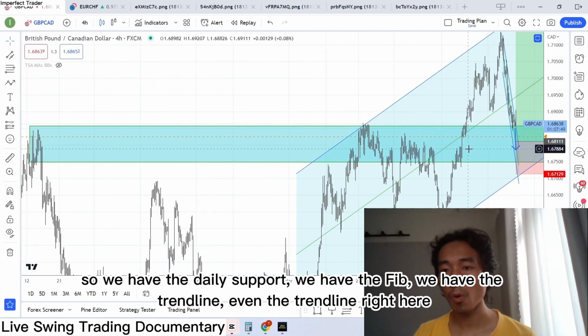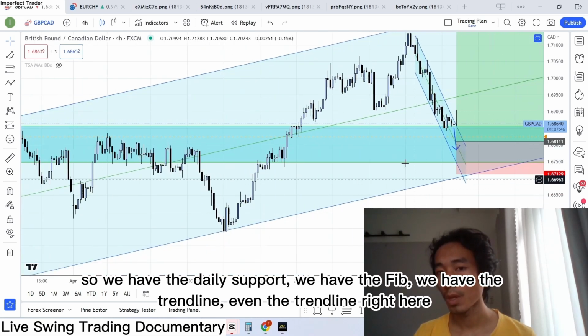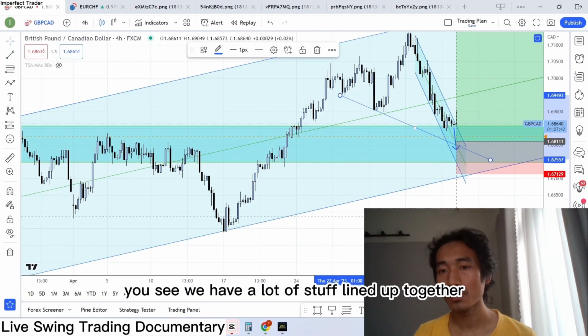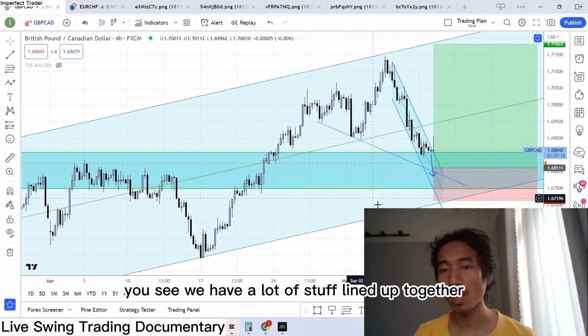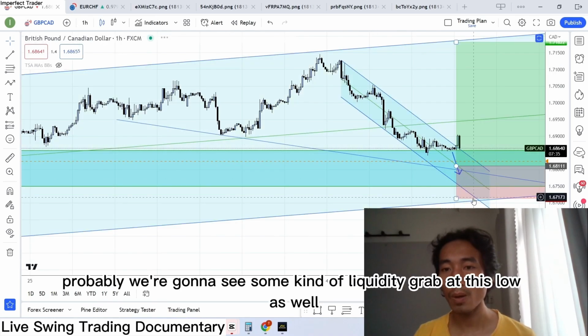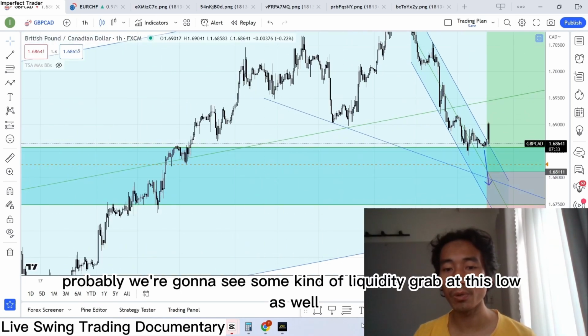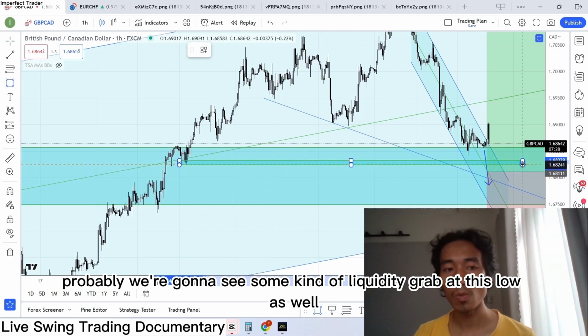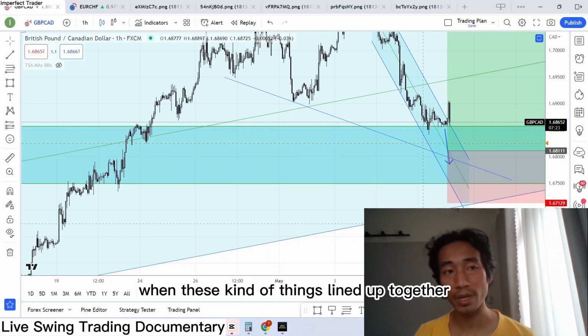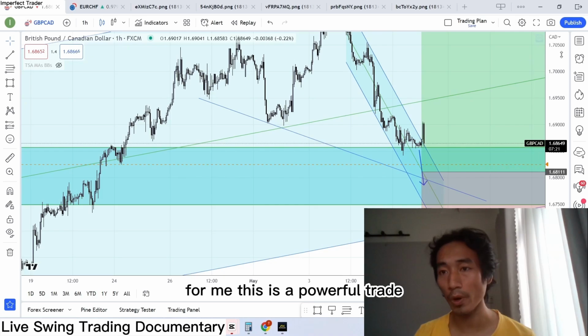So we have the daily support, we have the fuel, we have a trend line, even the trend line right here. You see, we have a lot of stuff lining up together, and on the 1 hour chart, probably we're going to see some kind of liquidity grab at this low as well. When this kind of thing lines up together, for me, this is a powerful trade.